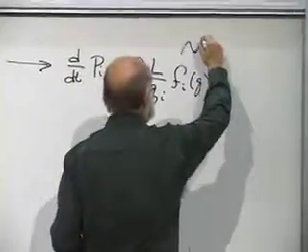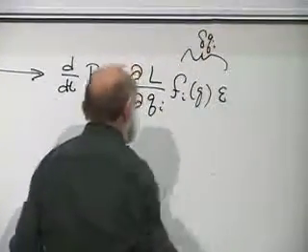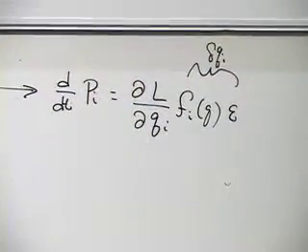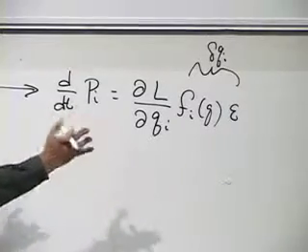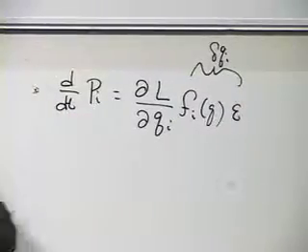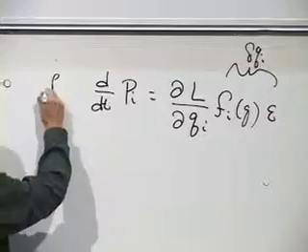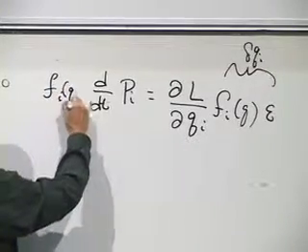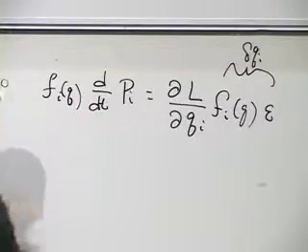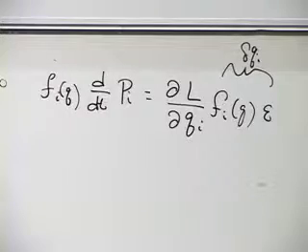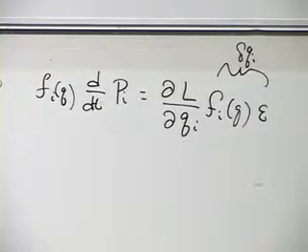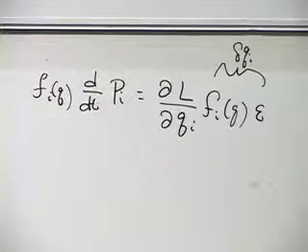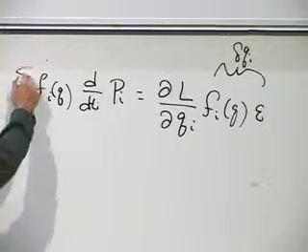This whole thing being delta q sub i. Let's do it also here. You're not allowed to do something just on one side. We have to do it on both sides. f sub i of q. Now let's sum over all the i's.